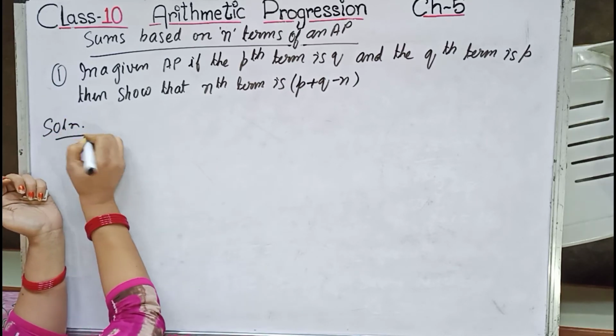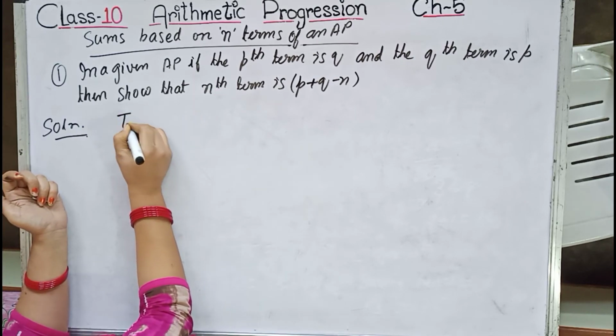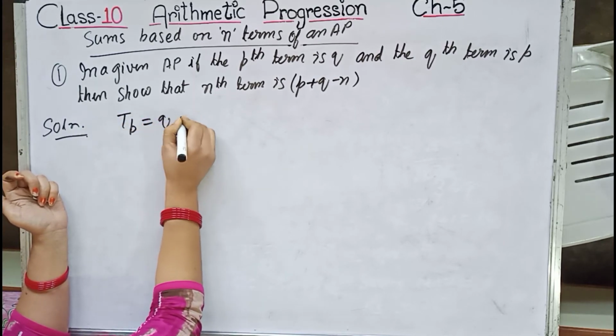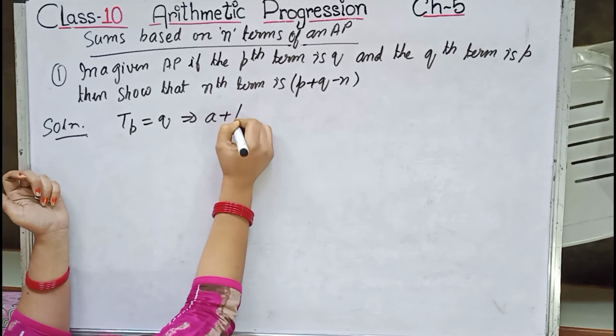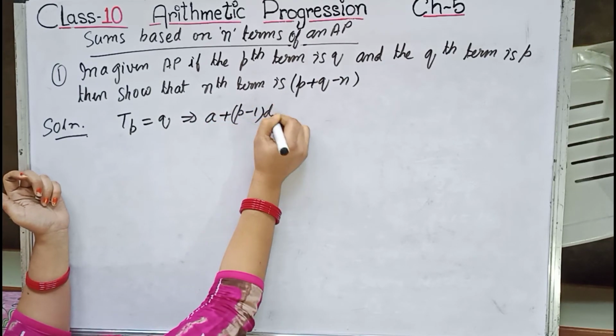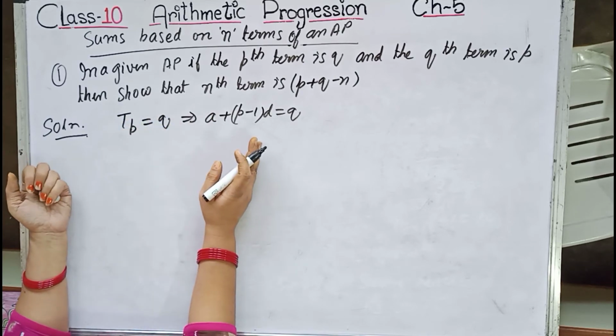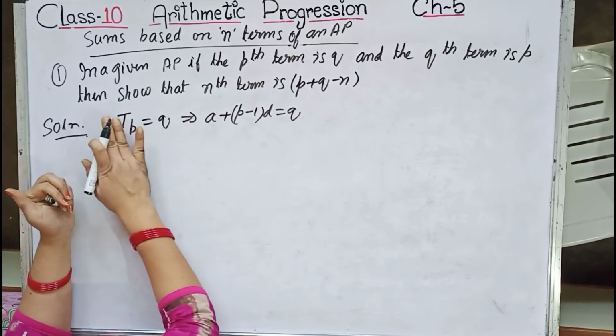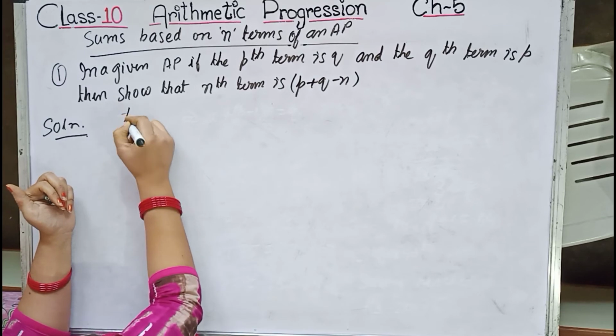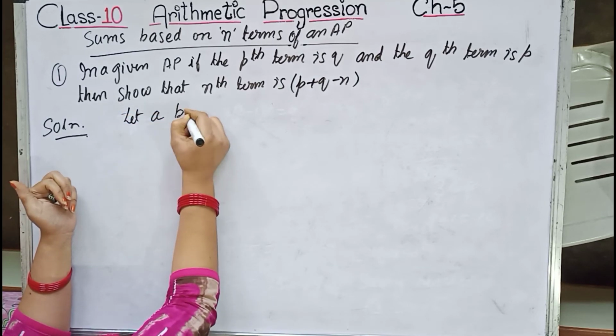So, solution. Pth term is q. So, Tp equals q. This implies a plus p minus 1 into d equals q. First you write that let a be the first term and d be the common difference for the given AP.